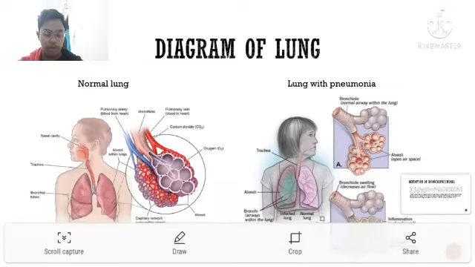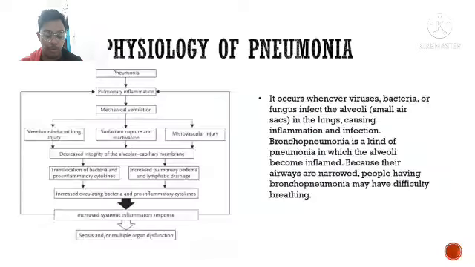So for the pathophysiology of pneumonia, we can see that from pneumonia they get pulmonary inflammation and then mechanical ventilation. From that there are three separate ways, and they decrease the integrity of the alveoli.